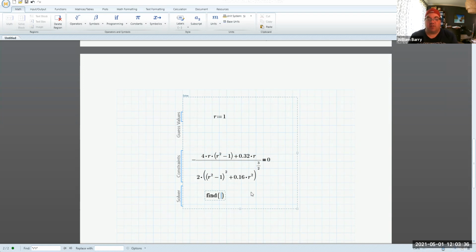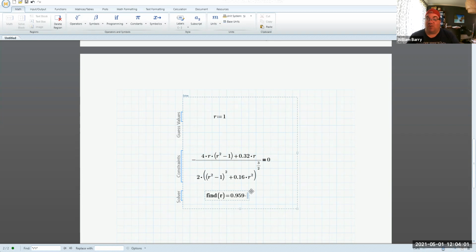This is a built-in function in Mathcad, and what we're trying to find is R, and it found an R. And this is maybe another frustrating thing about Mathcad: it finds R, but it won't output the R value unless you tell Mathcad that you want it to. And to get it to output a numerical result, we need to just type the equal sign.